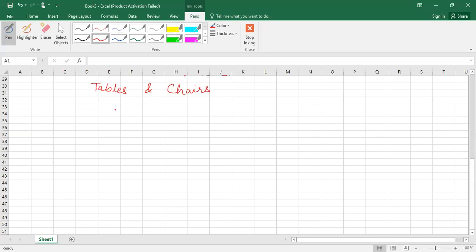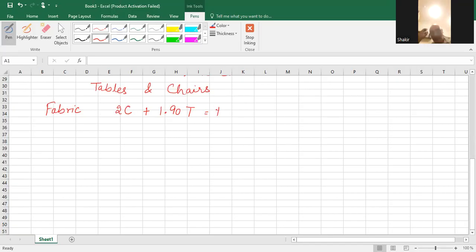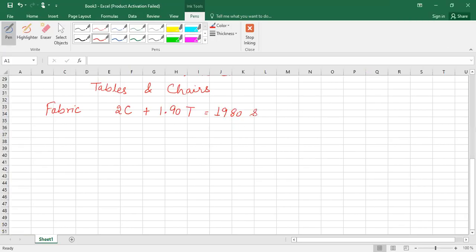Now, the company says that we need 2 square feet of fabric for the chair and 1.9 square feet of fabric for the table, and in total we have a maximum of 1980 square feet of fabric. So this is what we have.